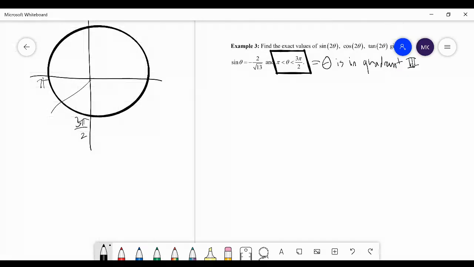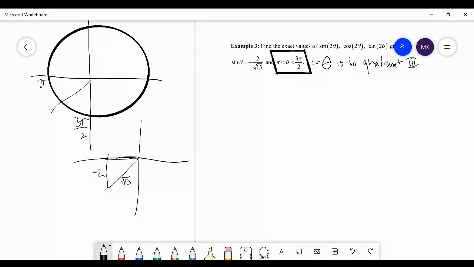Now I'm going to give myself something like this. And I know that sine is -2 over root 13. So we can think of this right here as -2. That's root 13. I need to figure out what this value here is.